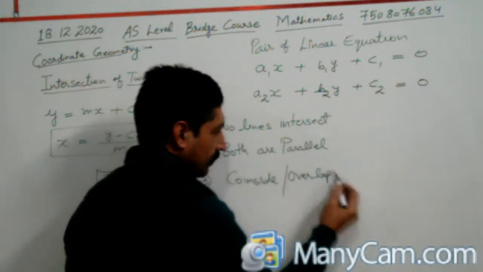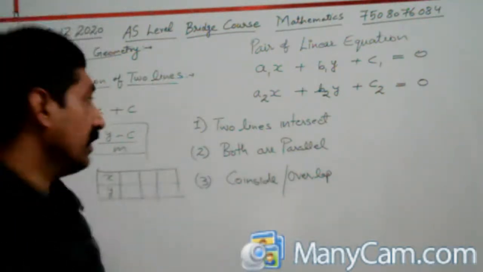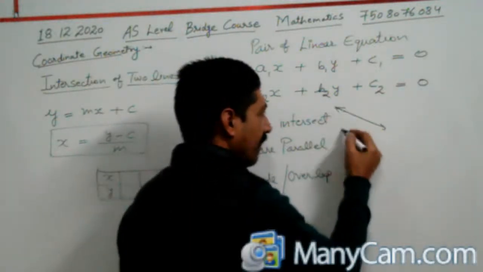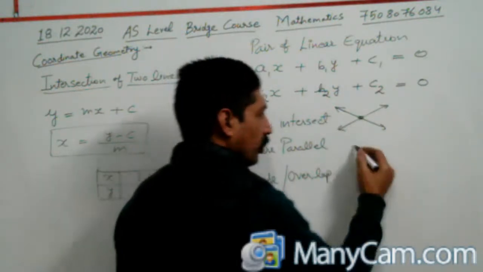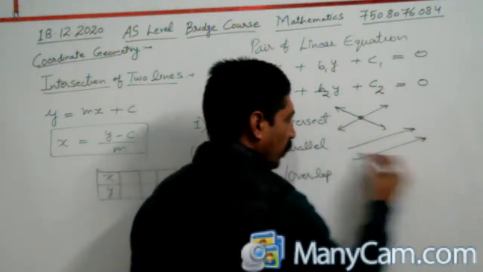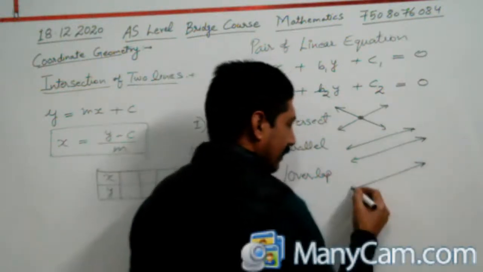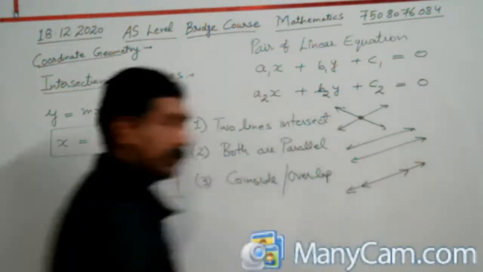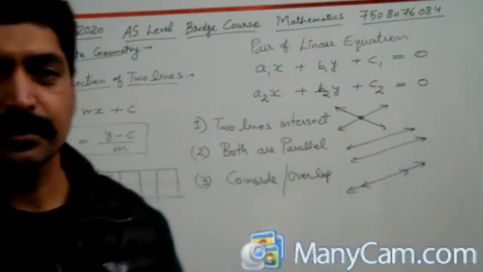So in the beginning I discussed with you that when two lines are intersecting, they intersect at a point P. If they are parallel, they never meet one another. And the third, when one line lies on the other, they coincide with each other. So we have discussed that.